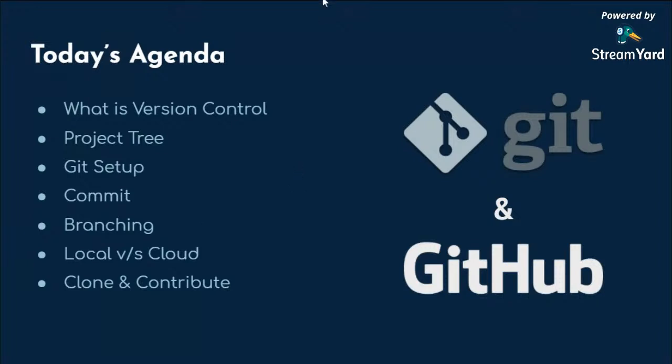Okay, so let's talk about version control. What is a version control system? It's like a history manager for your files. Whenever you are working on a software project, you have some source code, some assets, some license files and other stuff.